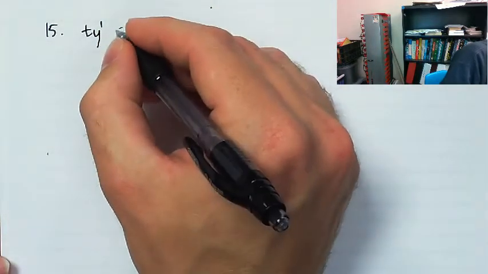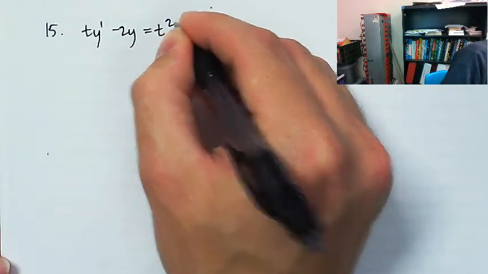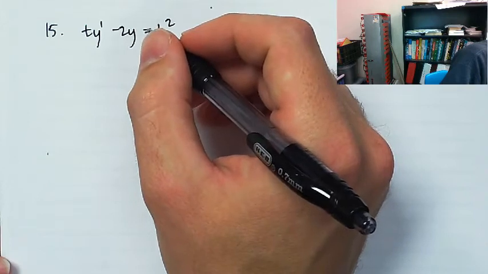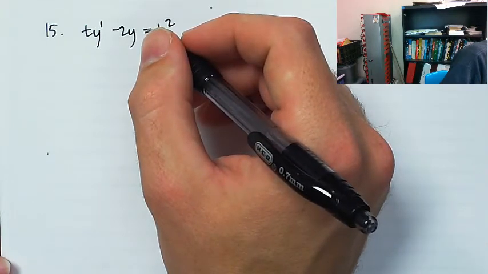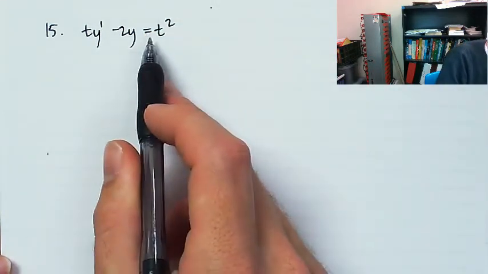t y prime minus 2y equals t squared. Did I not do this exact one? I really thought that was on there, but okay, there's a bunch that are like this.